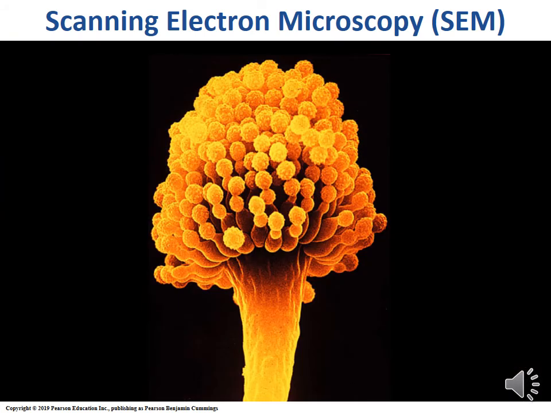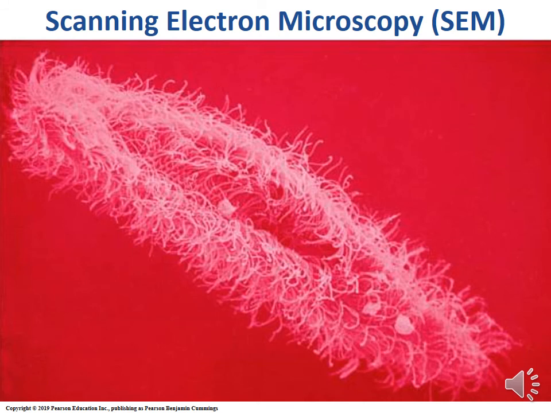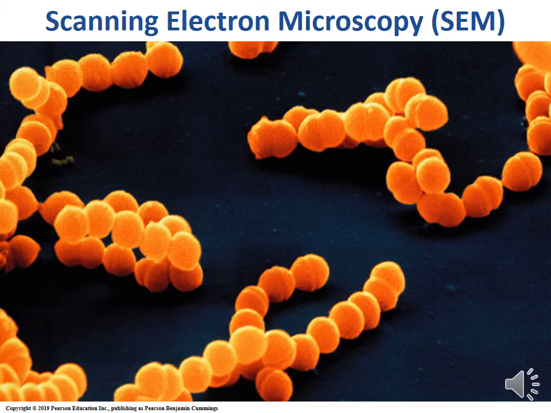You can see those spores and the hyphae that they come off of. Here's one of your ciliates, a paramecium. You can see all the individual cilia. And streptococcus. Again, very high, fine detail associated with those electron microscopy images.